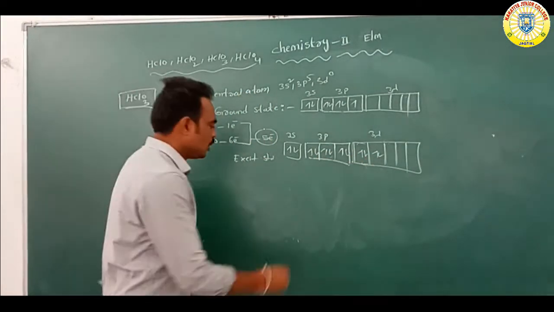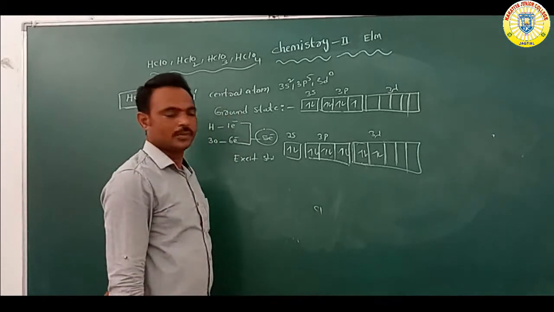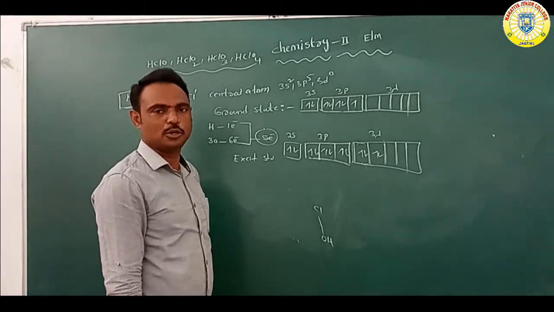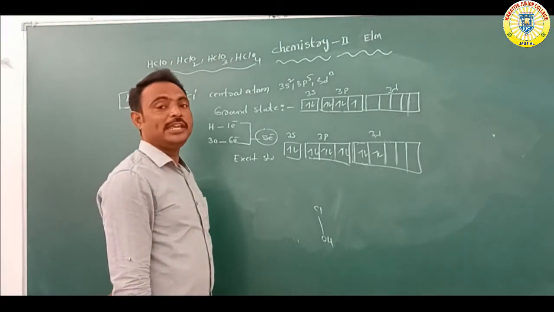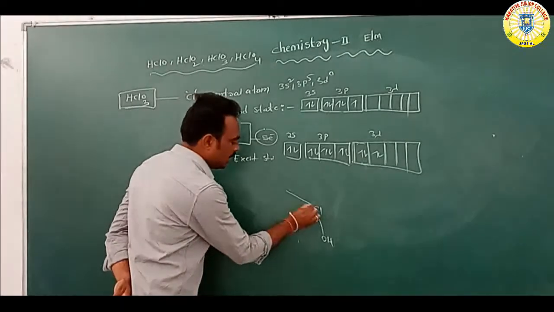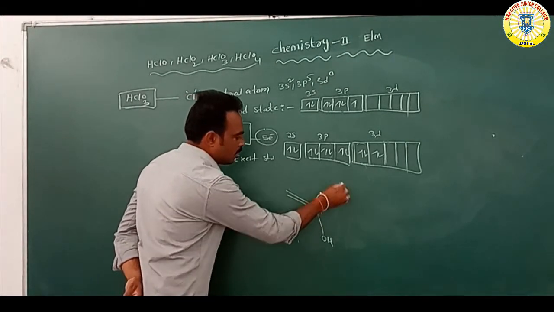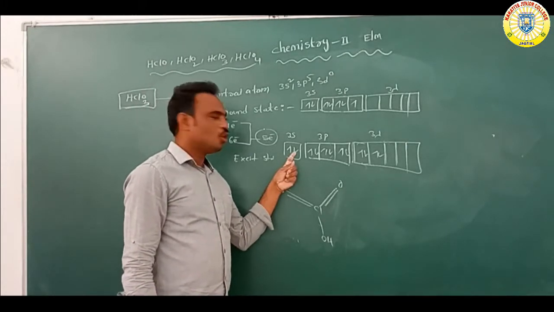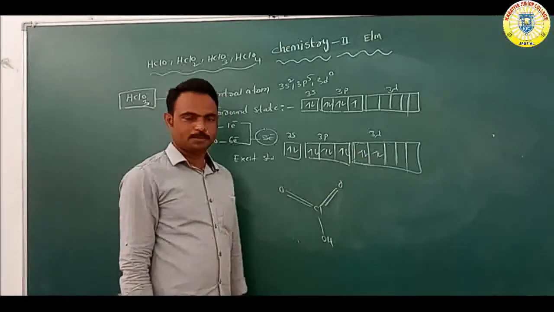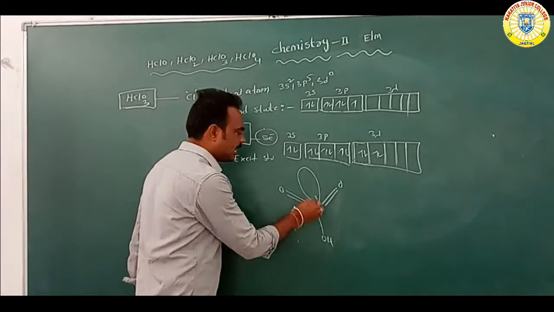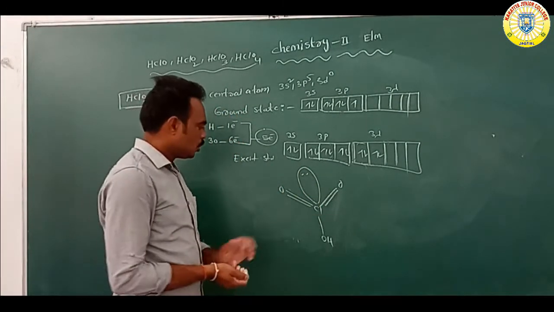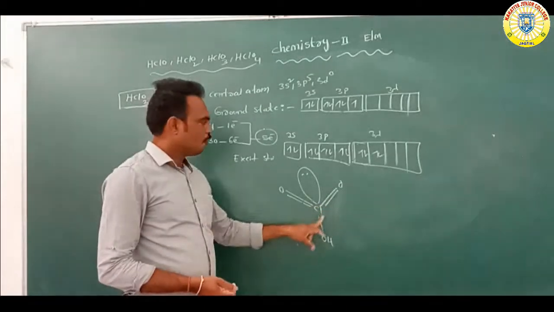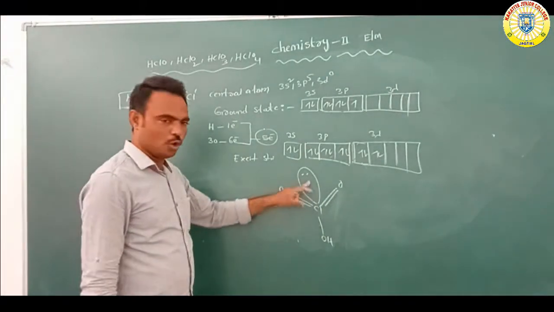Here the central atom is chlorine. It is attached to one hydroxy group with oxygen and hydrogen. The remaining 2 oxygen atoms are bonded with double bonds. It contains one lone pair and 5 bond pairs, and the lone pair is indicated with the orbital. So 5 bond pairs and 1 lone pair, giving a tetrahedral shape. Which hybridization? Of the 5 bonds, 2 are pi bonds, which are weak bonds.